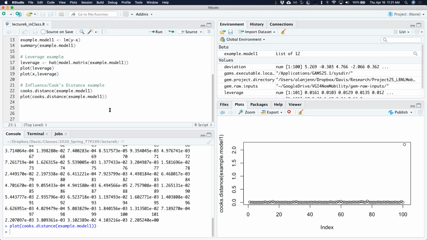So let's go ahead and start in R and think about how to code and do interpretation using the tools that we've already covered in R.